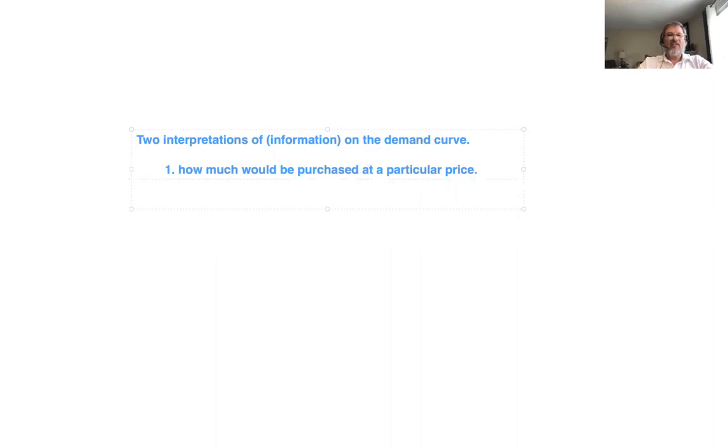Now, there is another interpretation which is equally important. And that is what is the, and I'll put in quotes, value of the marginal unit to the consumer.